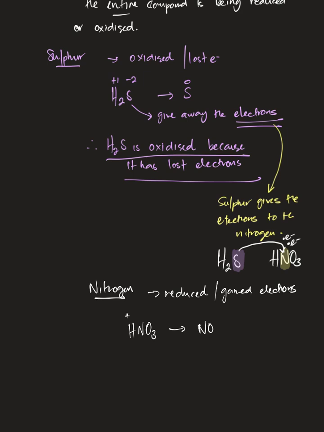That started as +1, +5, -2, and then this became +2, -2. So in essence, the HNO3 is reduced because it has gained electrons. And that's how that sorts itself out.